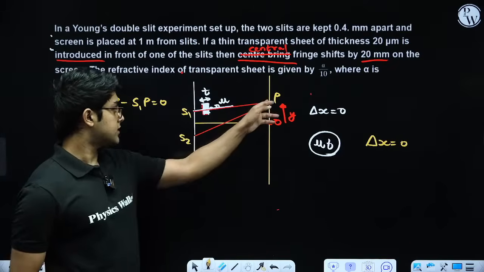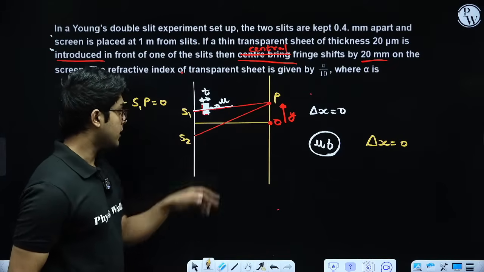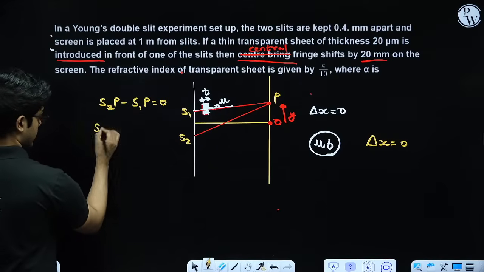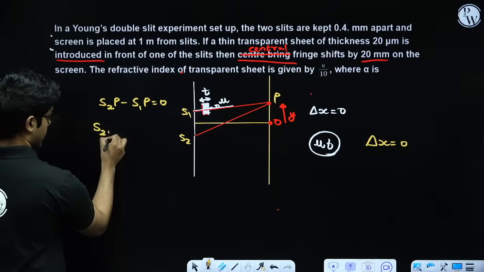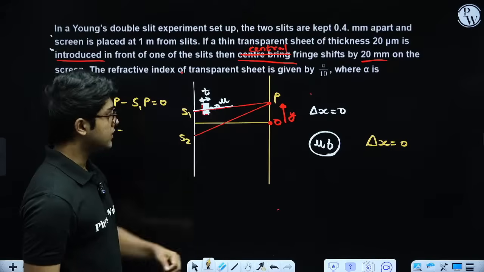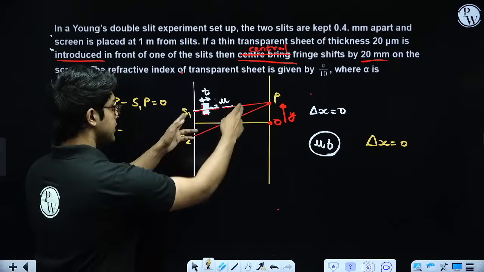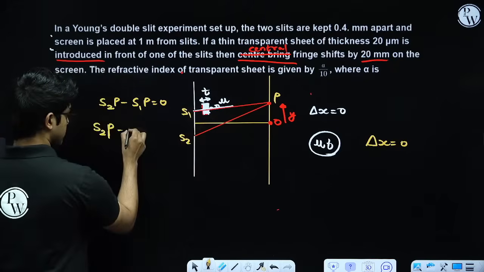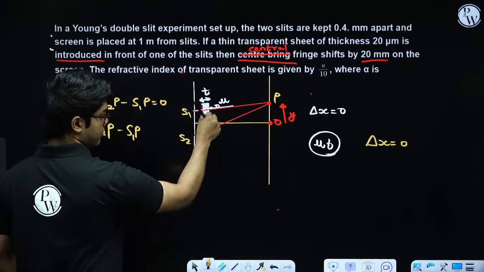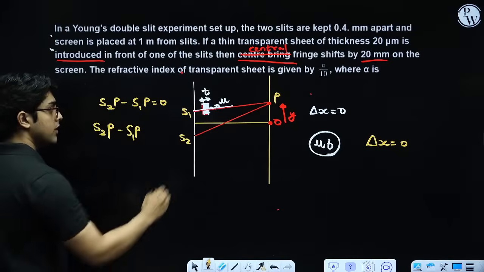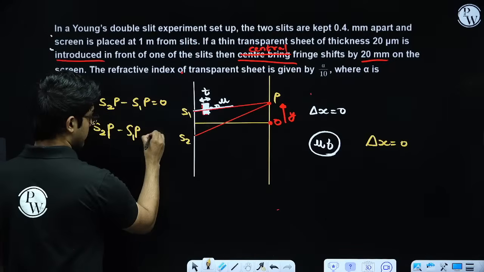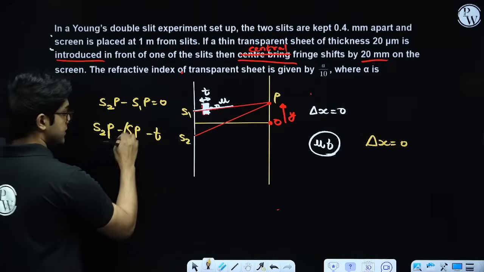So S2P is simply the geometrical length, whatever that may be. Now for S1P there is a slight trick here. It's the original path S1P, but here there is an issue where we had the glass slab, right? Here what we'll do is subtract that t from this S1P.